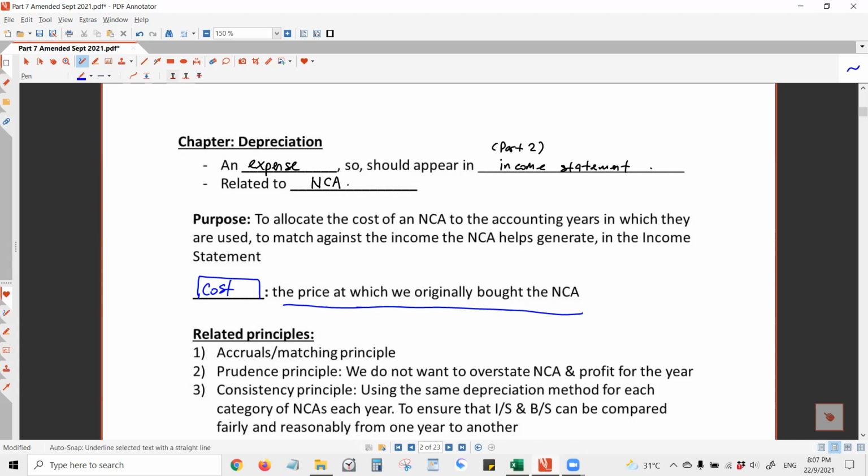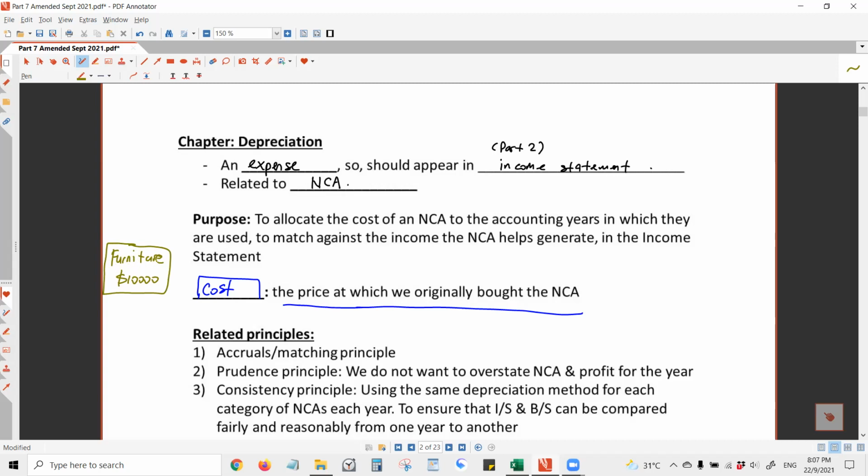Let's say you bought furniture for $10,000. Maybe you run a restaurant, so you need a lot of tables and chairs, a total of $10,000 worth of furniture. Do you agree this furniture can help us generate income?